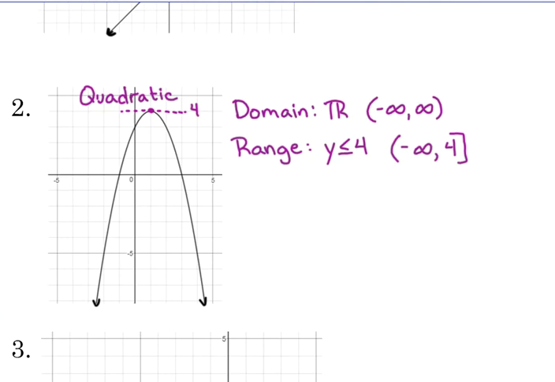And here's why. It's because our graph can actually equal positive 4. Okay, so you use square brackets when your graph can actually equal that number. Infinity always gets a parenthesis because infinity is technically not a number. Infinity is just a concept or an idea of the biggest number that you can possibly come up with.